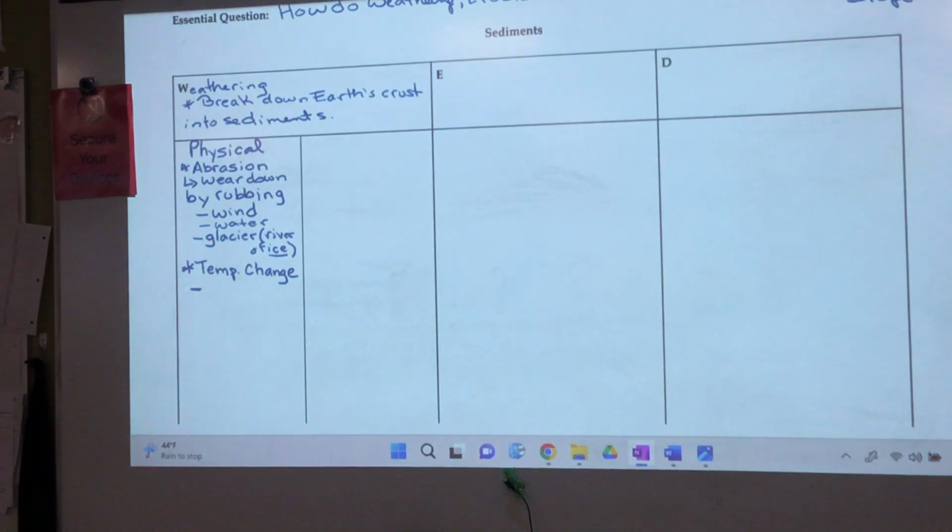But when you freeze water, what happens to its size? Yeah, and when you thaw it, then it gets smaller. Yes, and so that is called expand and contract.